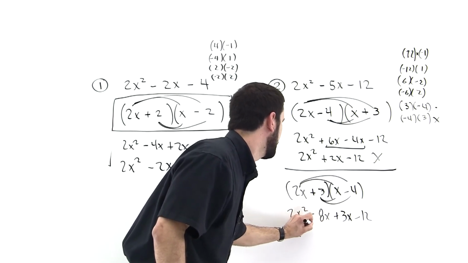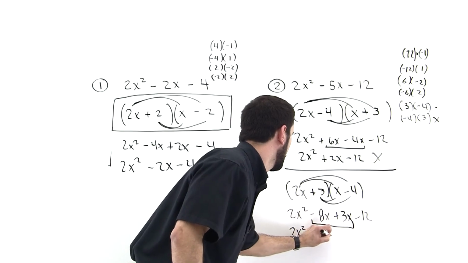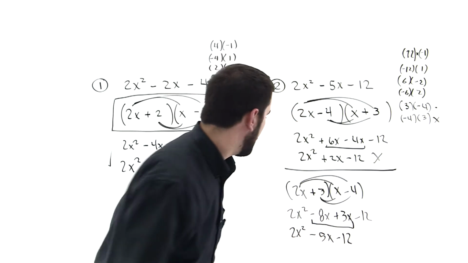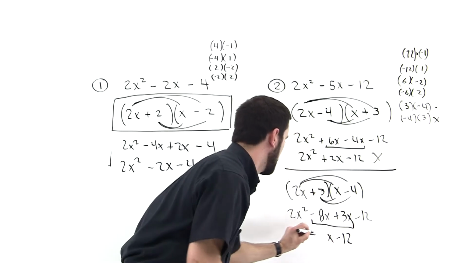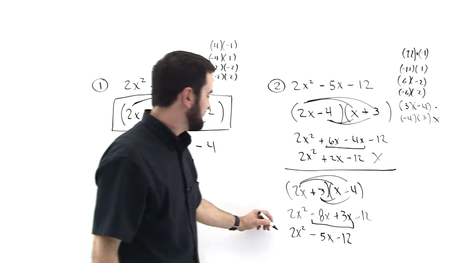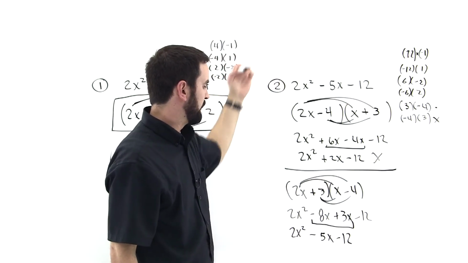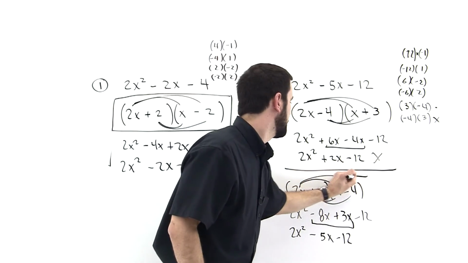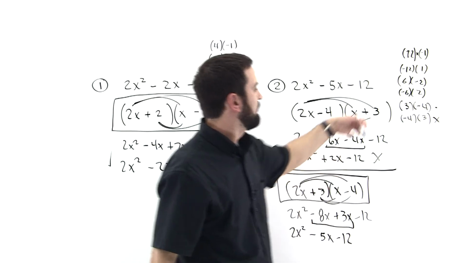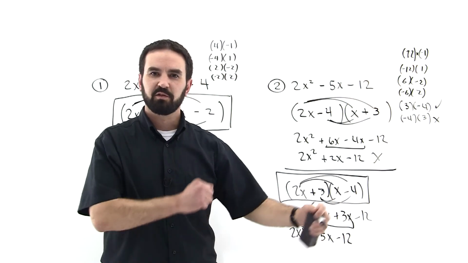So collecting like terms, -8x plus 3x is -5x. And then -12. So we see that this is the same as this, right? When we go through and check it, this is our answer. This was in fact the correct combination for those 2 second terms.